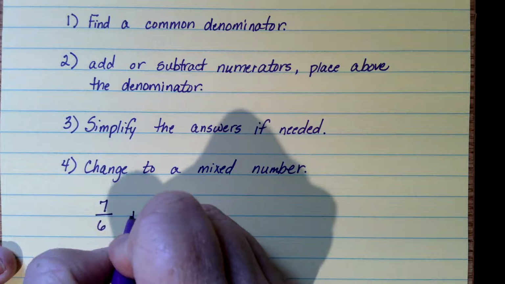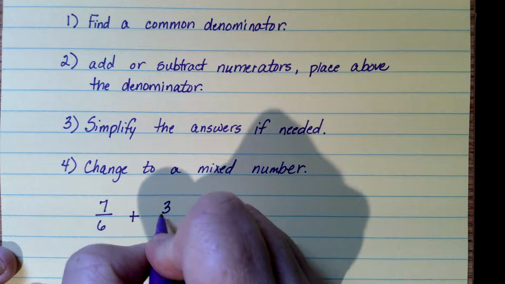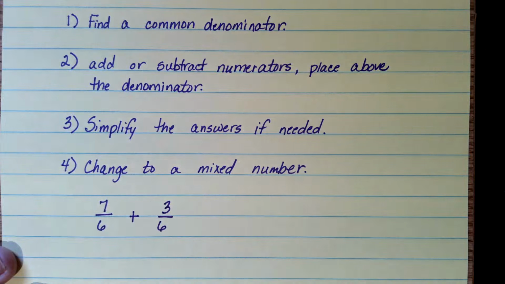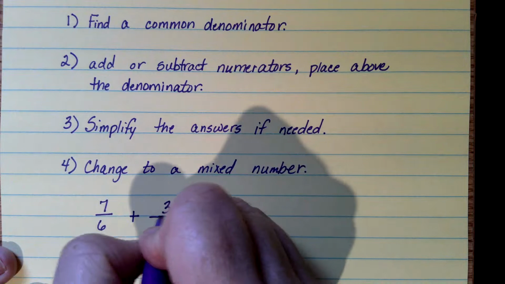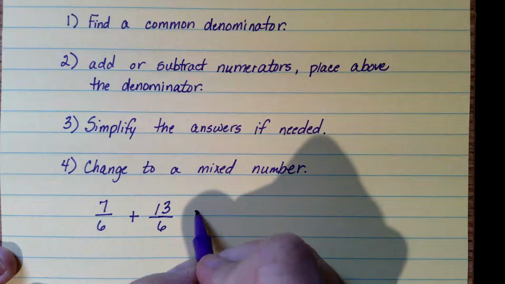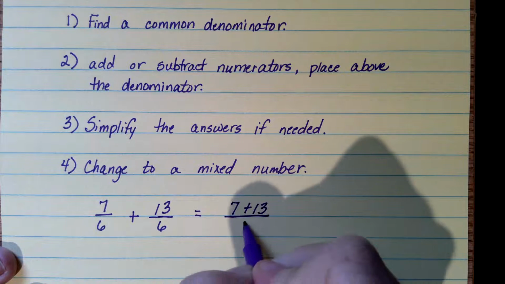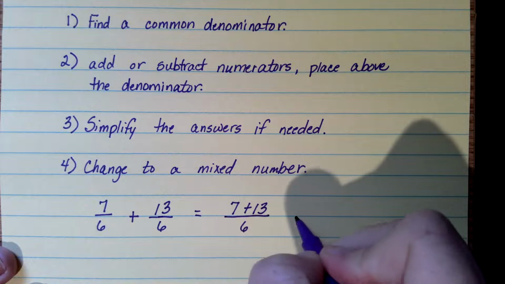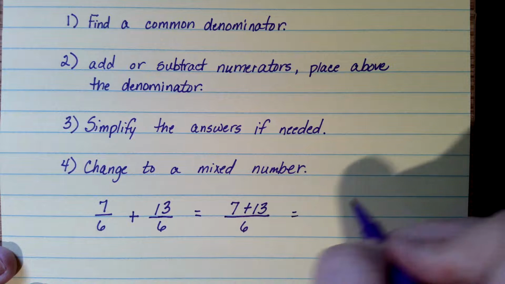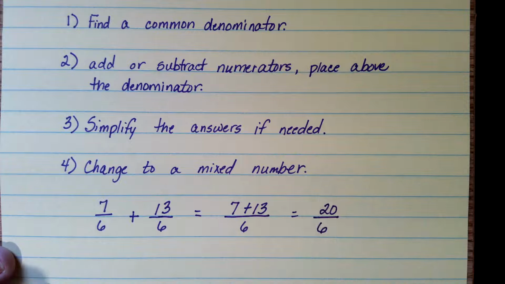Since we're doing improper, let's do 7/6 plus 13/6. All we're going to do is put our numerators above our denominator. So we're going to add 7 plus 13. 7 plus 13 is 20, and it would come out as 20/6.